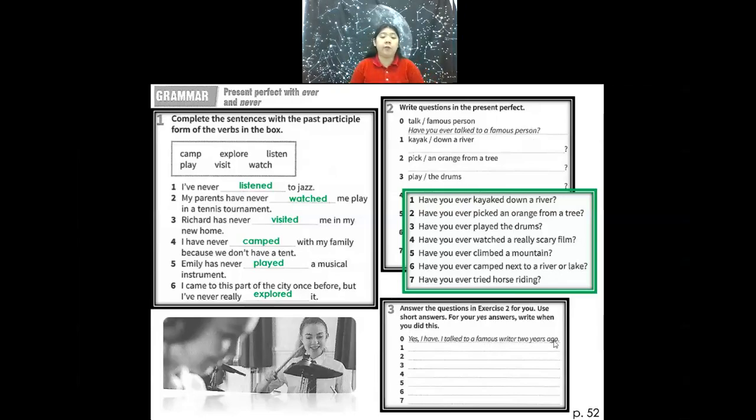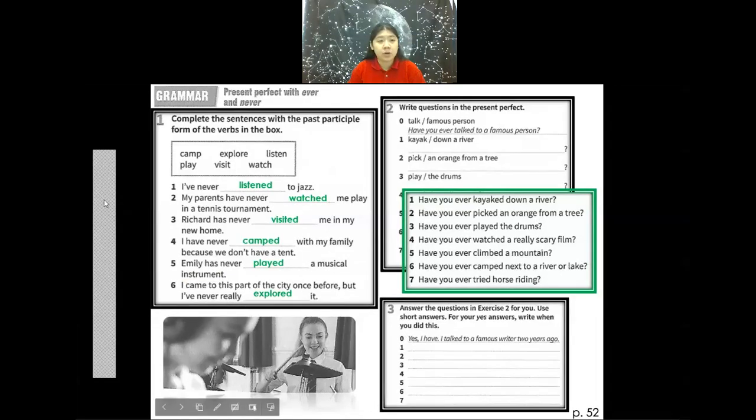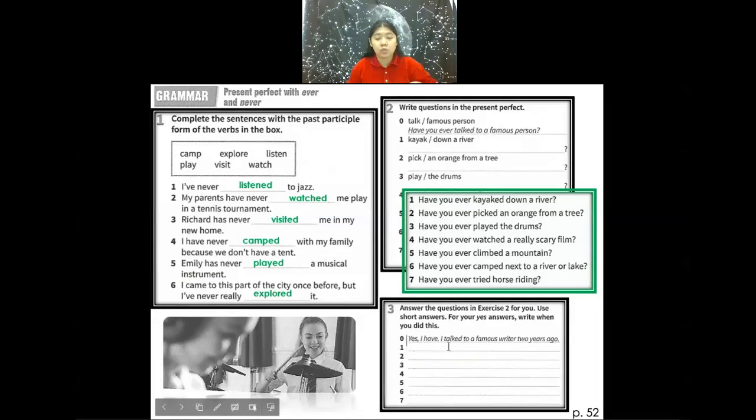That's an example. I'm going to give my example here. Of course, it's true about me, and if it's not true about you, you should change it to what is true about you. So like here, have you ever picked an orange from a tree? I would say, let me put this in here. No. Okay, I've never picked.